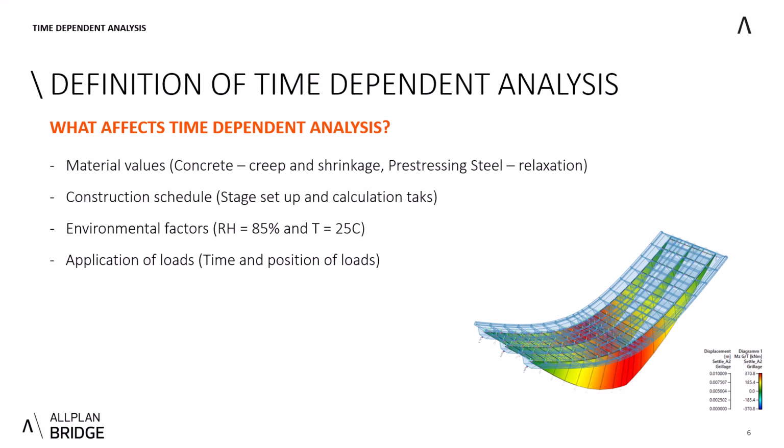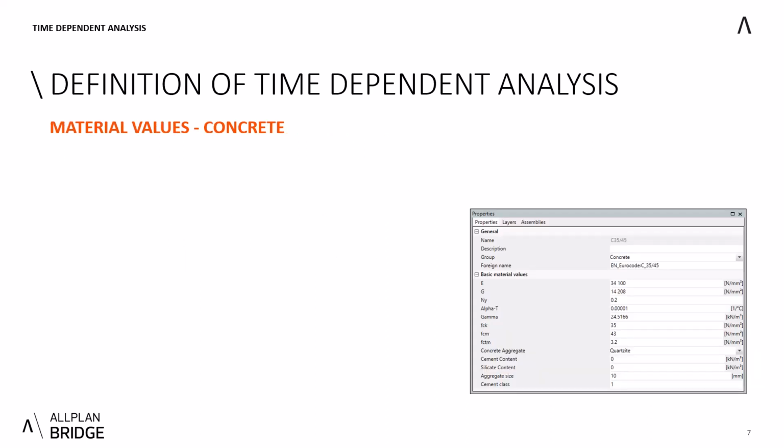Okay, so now let's go step by step a bit more into detail. First of all, material values that affect it. This is now for concrete, and we can consider two different types of concrete. First of all, we have normal strength concrete, or we also consider for these time-dependent effects high-performance concretes or ultra-high performance concretes.